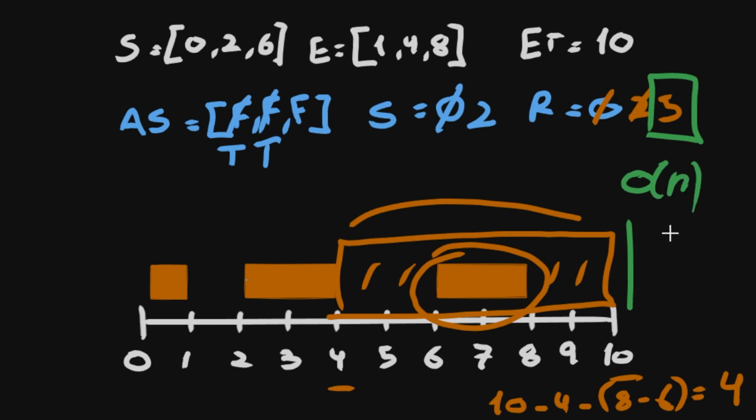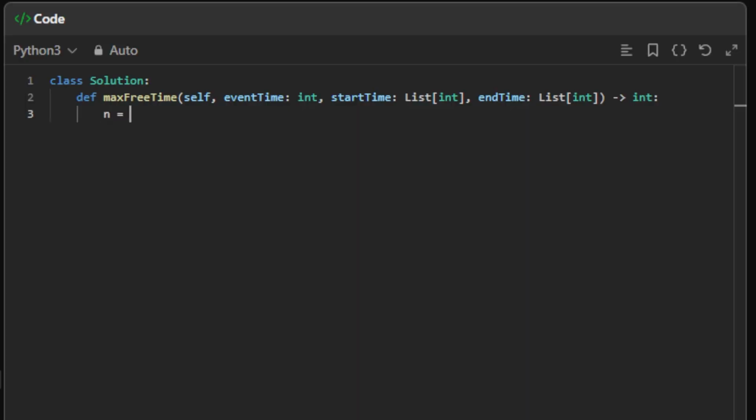Now let's go with the code and hopefully you will get the idea. First we'll say n is the length of the meetings, so we can take start time, for example, and available space is an array with false times n.